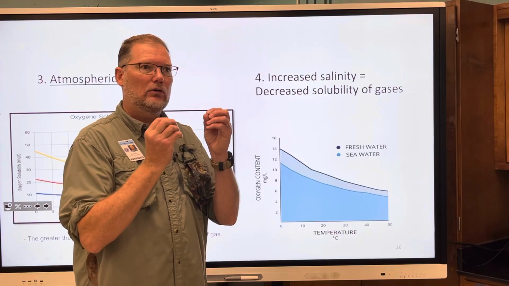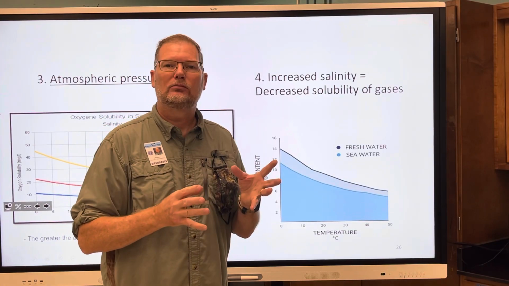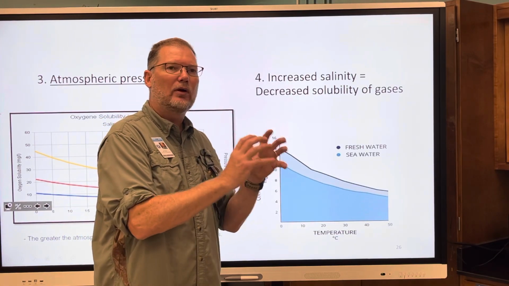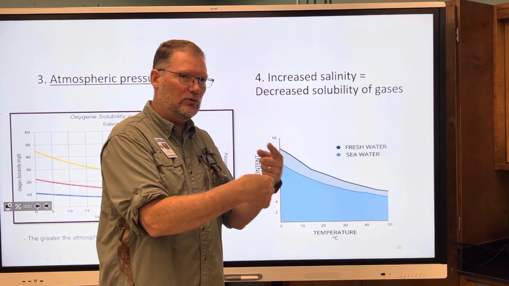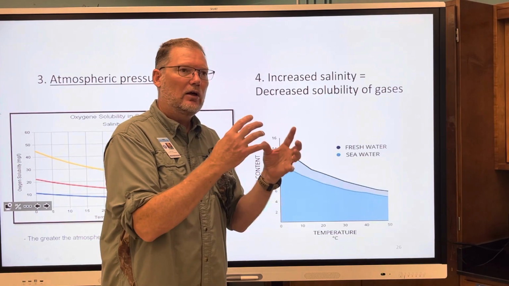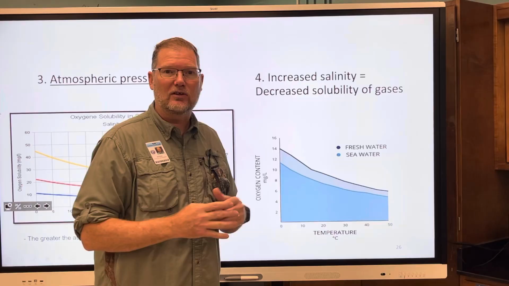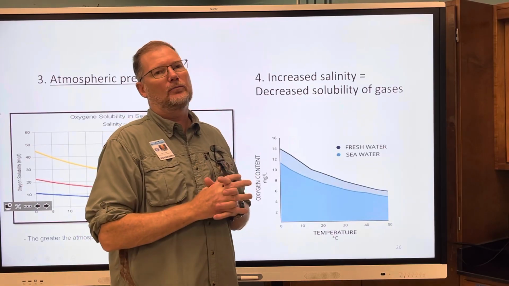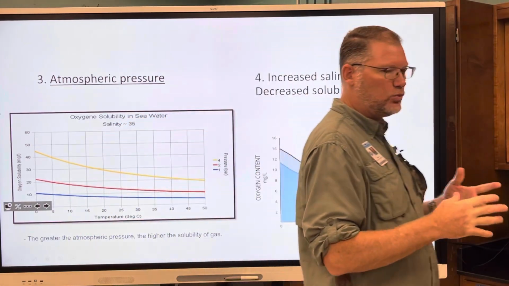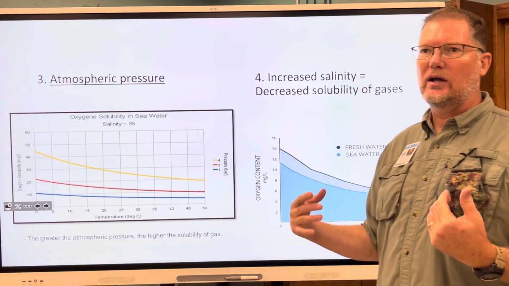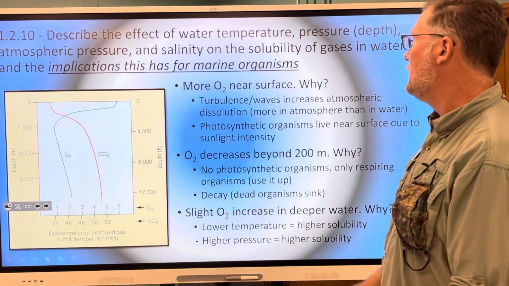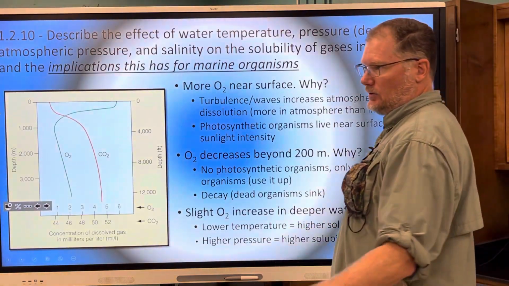Because there's not enough room. The salt is taking up more room in between the water particles, which doesn't allow a lot of oxygen in there, or carbon dioxide, or other dissolved gases. So fresh water will be able to dissolve more gases than salt water because of the high salinity, right?